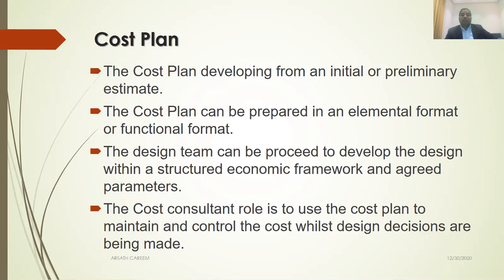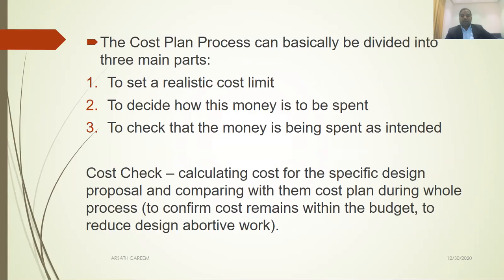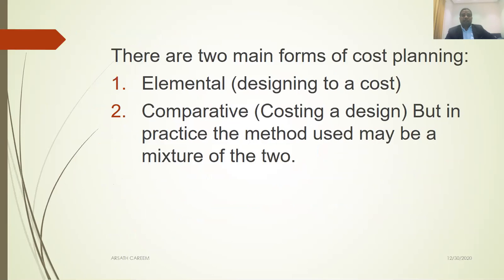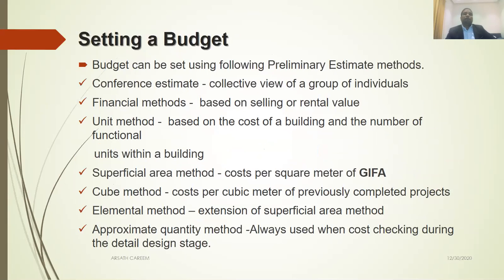Before the cost plan, there is one activity you need to know, that is the preliminary estimate. The cost plan takes place in the second stage. Before that, as a quantity surveyor, you should know how to do the preliminary estimate, or order of magnitude cost estimate. So we will see how to prepare it.